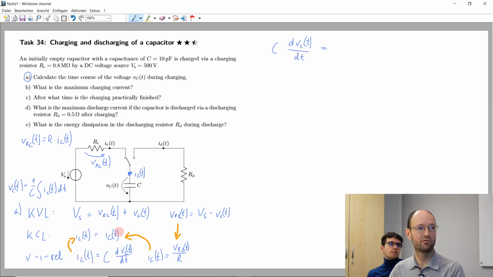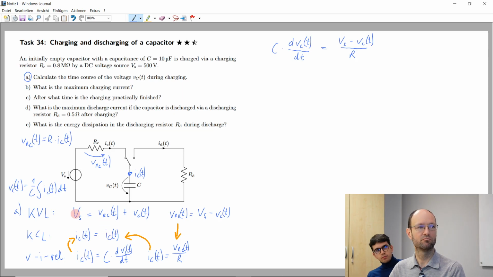And on the other side of the equation we get the source voltage minus this voltage drop across the capacitor, divided by R. And this already looks quite nice, because now we have one equation with one unknown. And the unknown is the time function of our voltage drop across the capacitor.